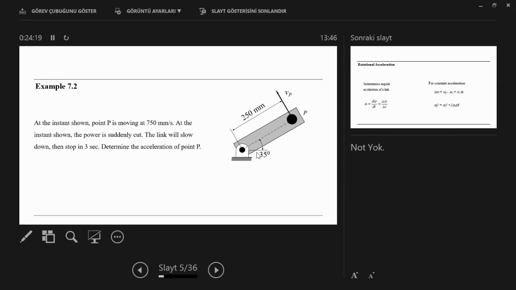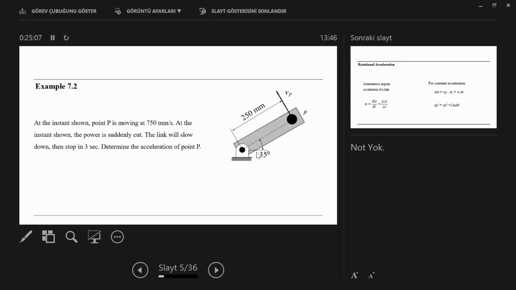Determine the acceleration of the point P. So we can calculate it.